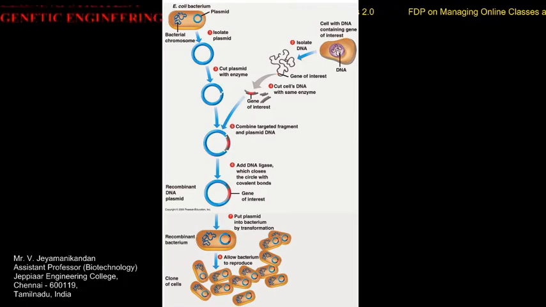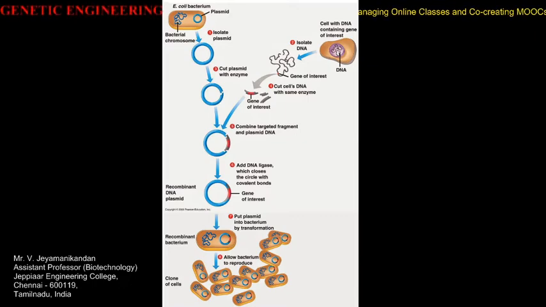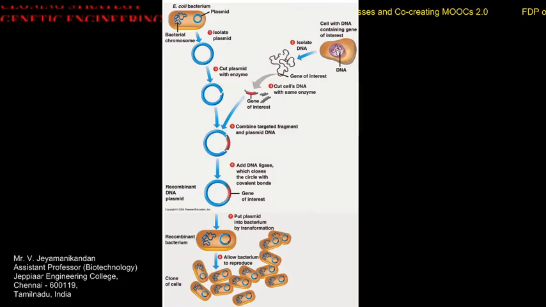You have to use DNA ligase enzyme. There are two types of DNA ligase commercially used: T4 DNA ligase and E. coli DNA ligase. Both differ by just energy sources. E. coli DNA ligase will utilize NAD as an energy source, whereas T4 DNA ligase utilizes ATP as an energy source.